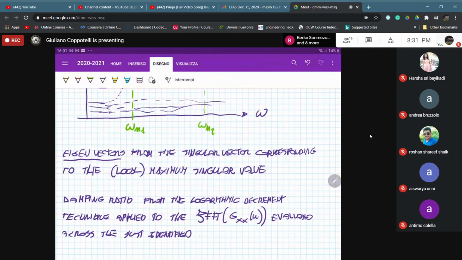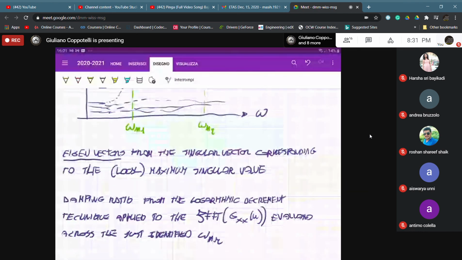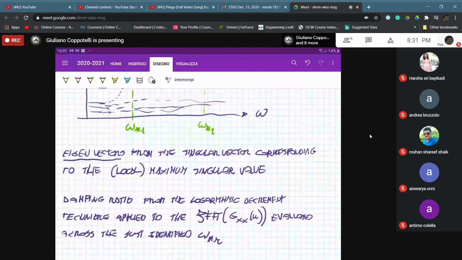omega r. Okay, in that case, what we are saying is that the system is behaving as a single degree of freedom system, and therefore the inverse Fourier transform, that is proportional to the impulse response, is a single degree of freedom response, and therefore you can easily use the logarithmic decrement technique to find out the value of the damping.